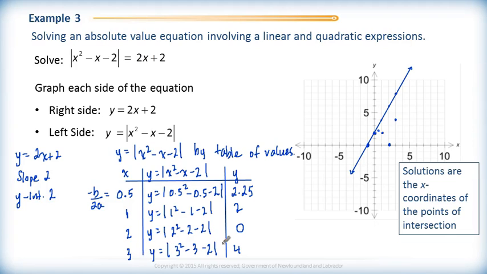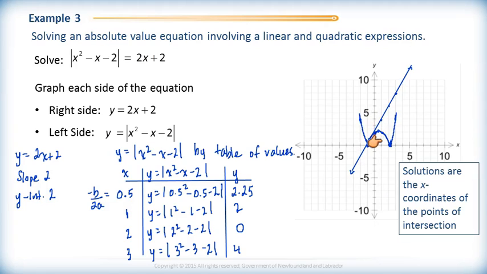When x is 3, y is 4, so I have a point right here at 3 and 4, and that's 2.5 units to the right of the vertex. So I have a point 2.5 units to the left of the vertex, right here.